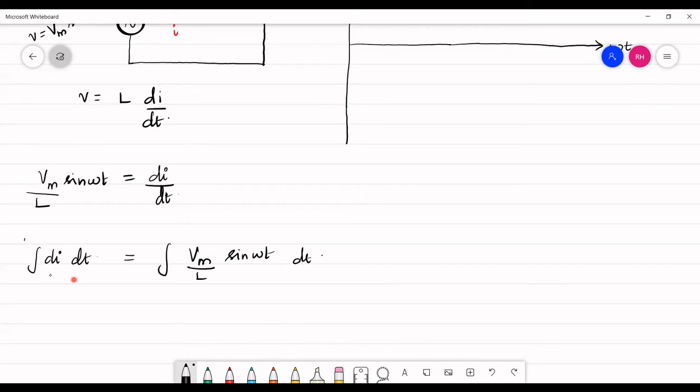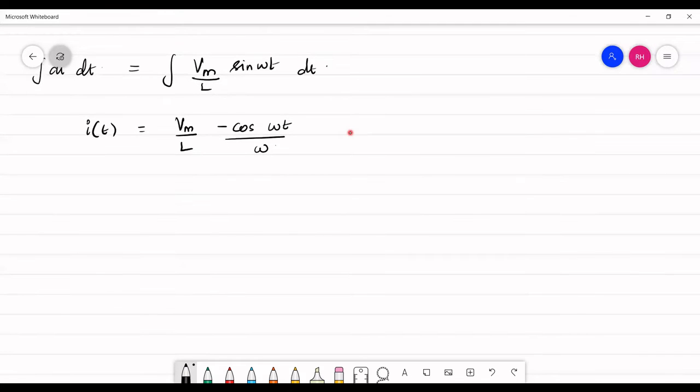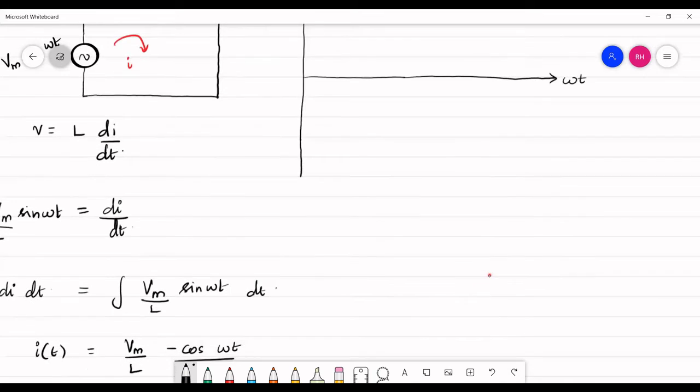So integrating, we have I of t equal to Vm by L, which is a constant and is taken outside the integration sign, and we have integration of sine omega t as minus cos omega t divided by omega. Further simplifying, we have the expression as minus Vm divided by omega L cos omega t. So now let me write the equations.